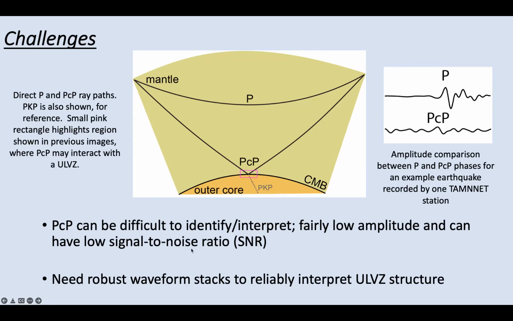Also, because PCP comes in after P, you can get noise in the P coda that can lower the signal to noise ratio of PCP. So in order to do our analysis, we need robust PCP waveform stacks to reliably interpret and model the ULVZ structure that we're interested in.